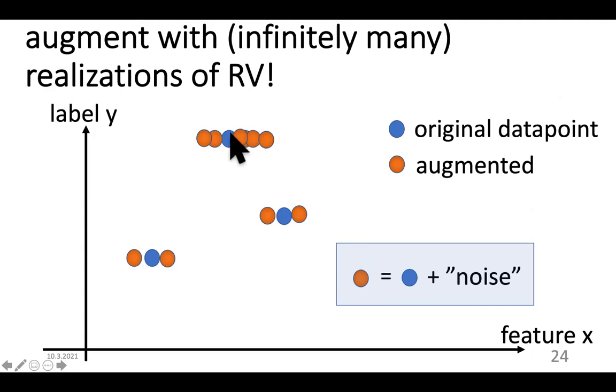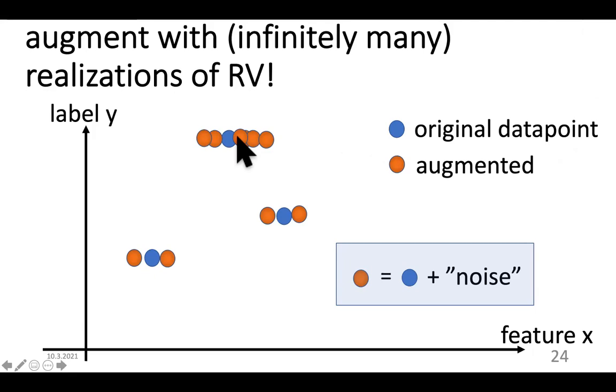For example, let's consider this blue data point as the mean of a multivariate normal random vector, and we fix the variance to 1. Then we have specified a probability distribution, and by using a random generator we can generate as many realizations as we want. So we can compute as many augmented data points as we want.